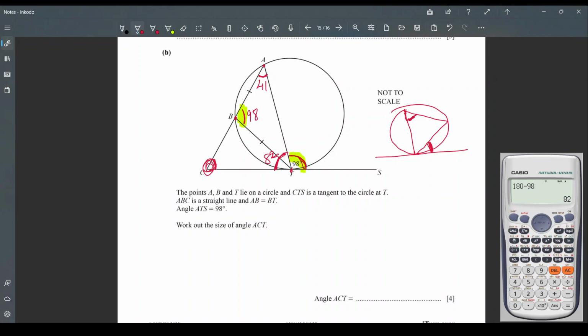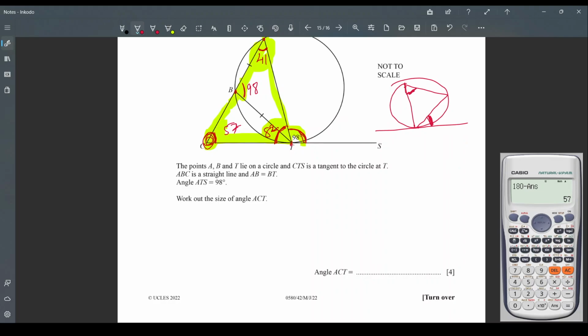So because this is a triangle, this angle is 41, this angle is 82. So what is this angle? This angle will be 180 minus of the 82 plus 41. So we get 57. So this angle is equals to 57.